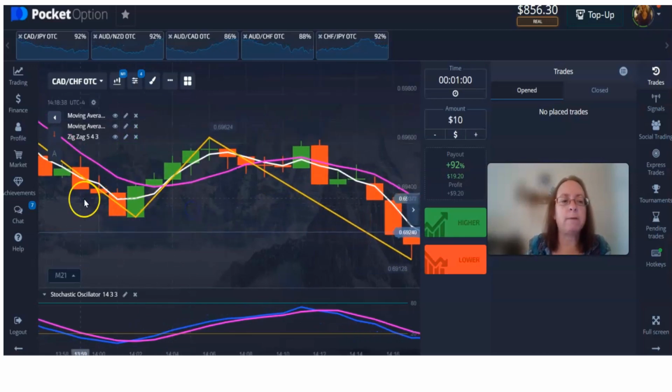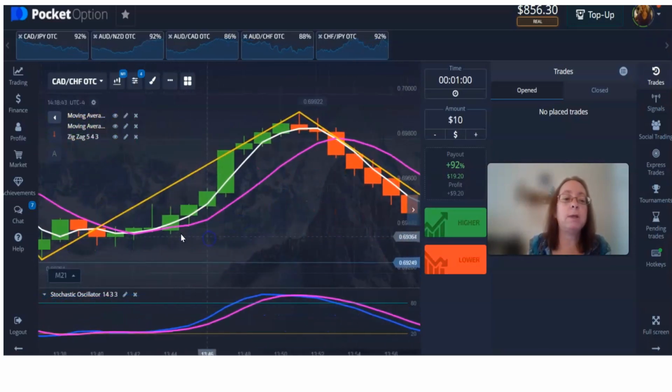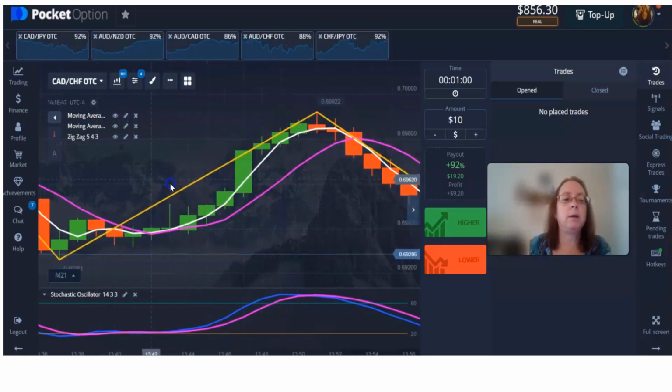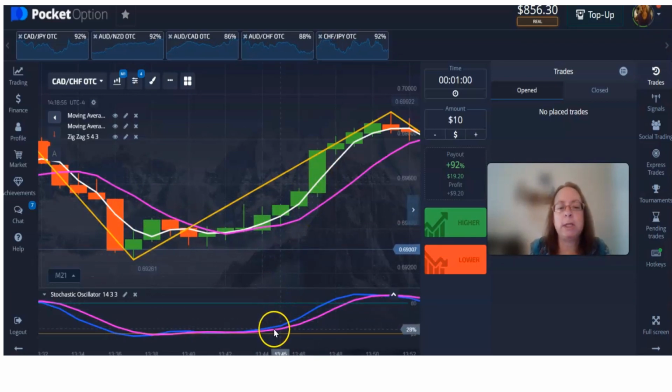I'm going to try to find another example of what you need to be looking for. You also need to look for big movements like this, and not movements where it's green, red, green, red. You want to make sure that you're seeing the continuation, and you can tell the continuation by looking at the stochastic and how it is going up.